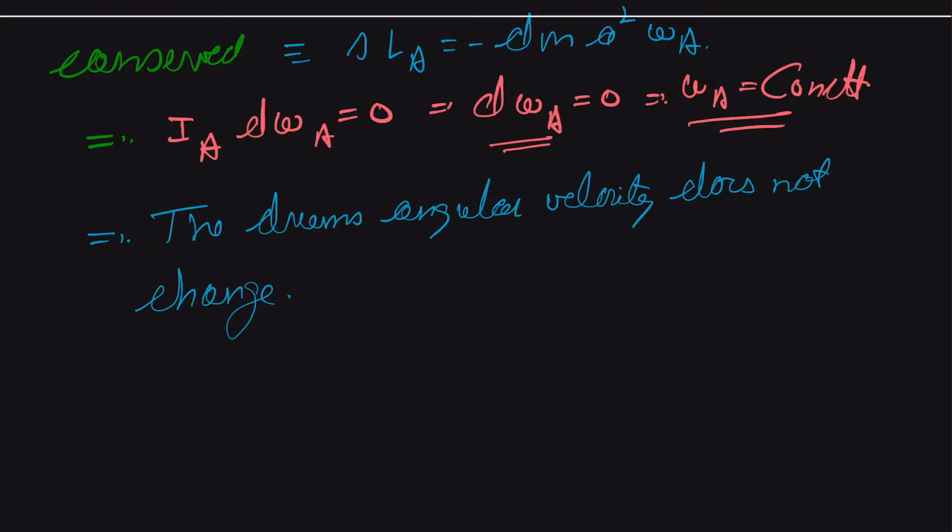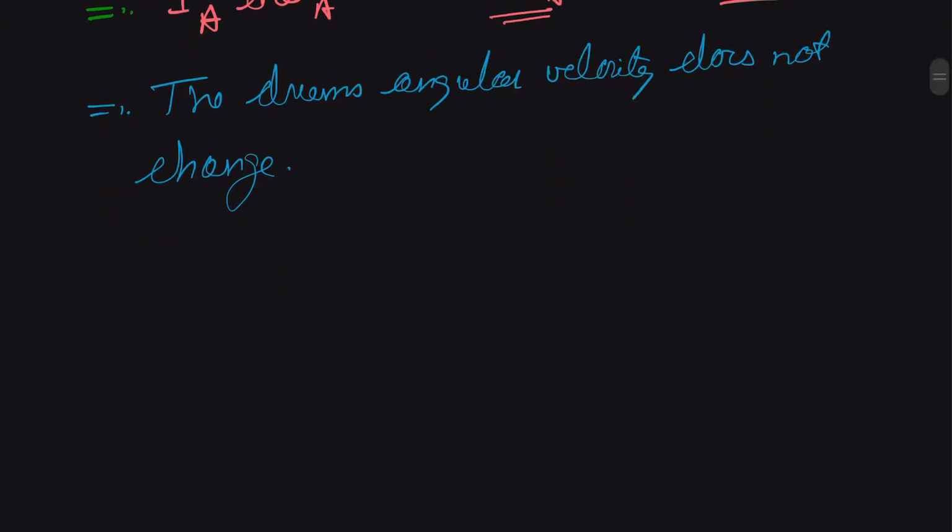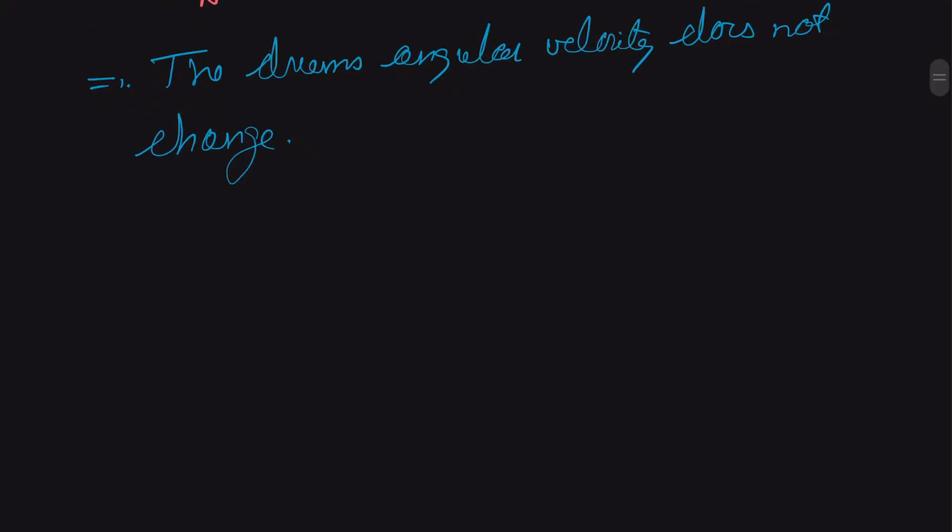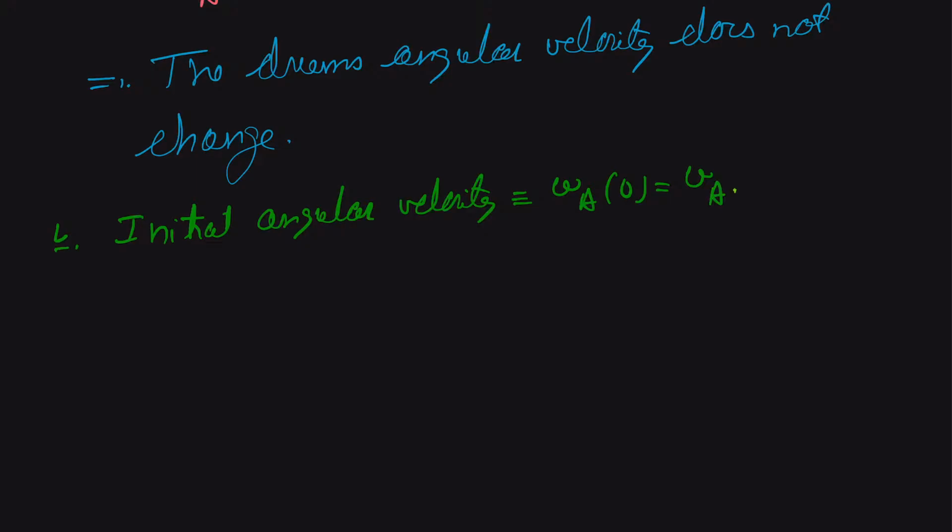Okay, so if the angular velocity is not going to change, and we are given in the question that its initial angular velocity, which was our ω_A0, we have assumed it as ω_A naught.